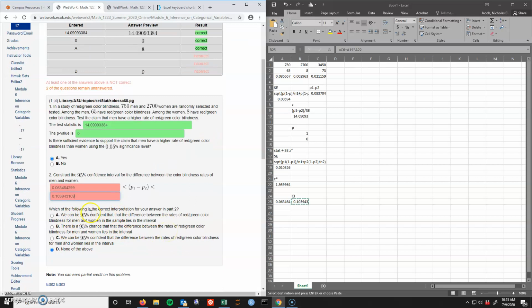We can be 95% confident that the difference between the rates of colorblindness for men and women lies in this interval. There's a 95% chance that the difference between the rates of men and women lie in this interval. We can be 95% confident the difference in rates for men lie in this interval.